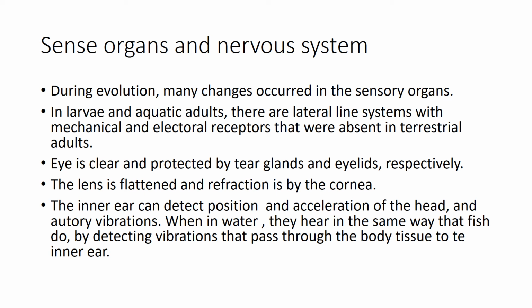Remember, in water, they were able to detect vibrations only by the lateral lines, but here evolution brought changes of the inner ear, which can detect the position and acceleration of the head and the outer vibration. So when in water, they hear in the same way that fish do, by detecting vibrations that pass through the body tissue to the inner ear.